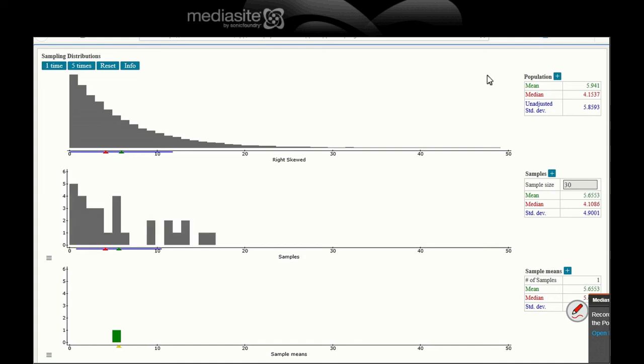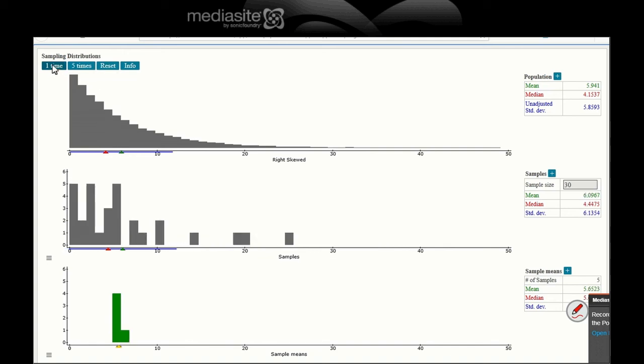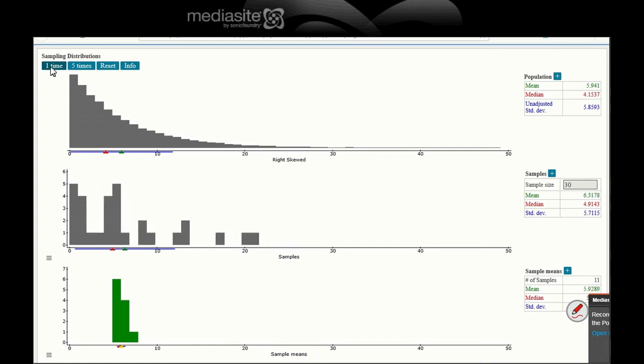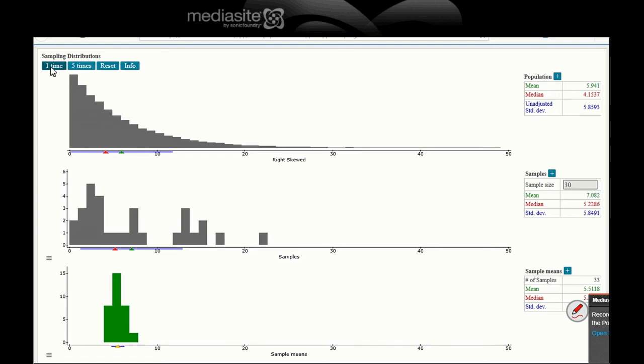Let's see what that looks like. Okay, there's one time, second time, third time. Notice how the bigger the sample size, the faster it goes in on the mean. Just keep doing lots and lots of these.